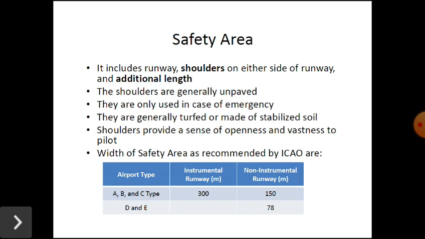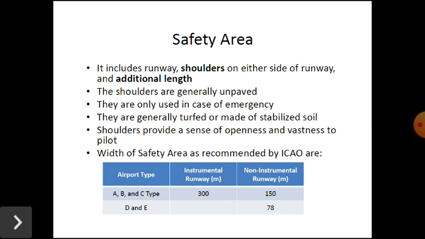Safety area. It includes runway, shoulders on either side of runway and additional length. The shoulders are generally unpaved and they are only used in case of emergency. They are generally turfed or made of stabilized soil. They also provide a sense of openness and vastness to the pilot.